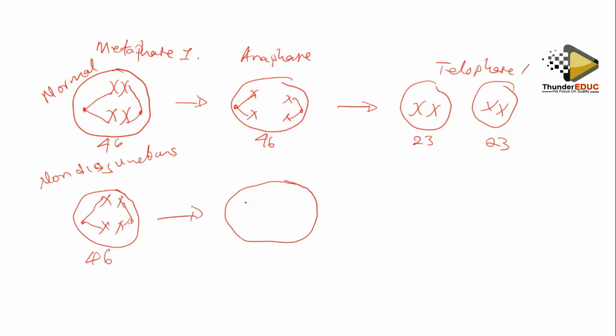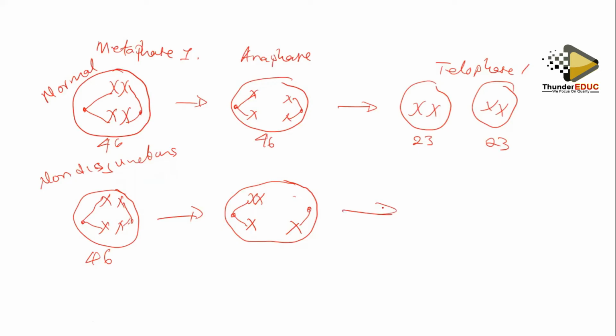What is going to happen is that the whole set is going to go to one side. The spindle fibers are going to fail to contract from the other side, and it pulls this one, but this one is going to go onto one side.